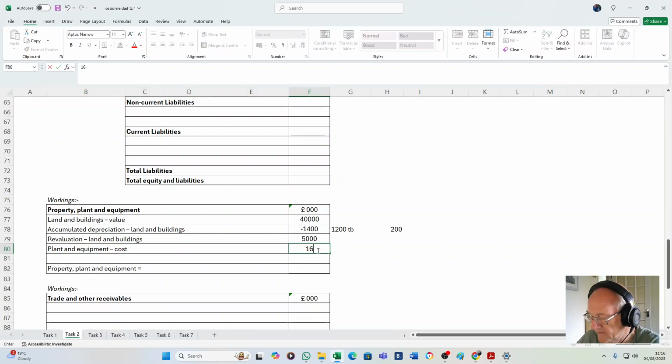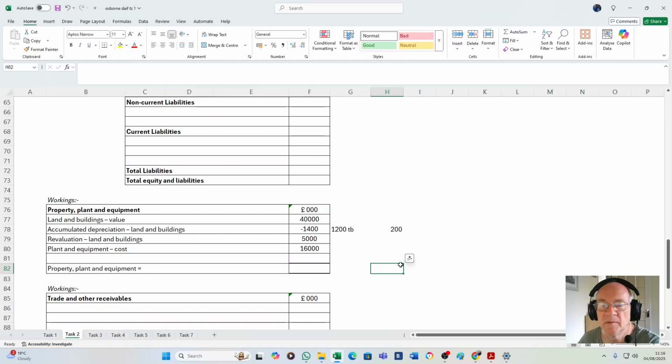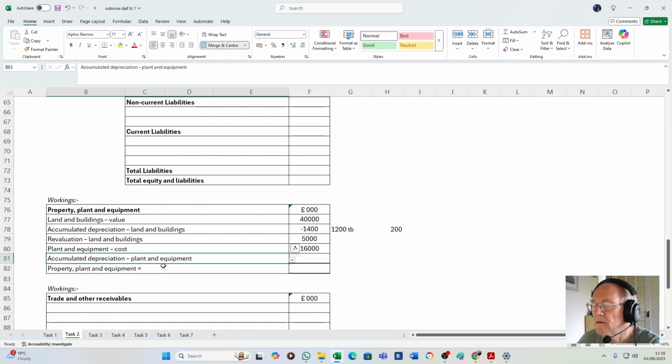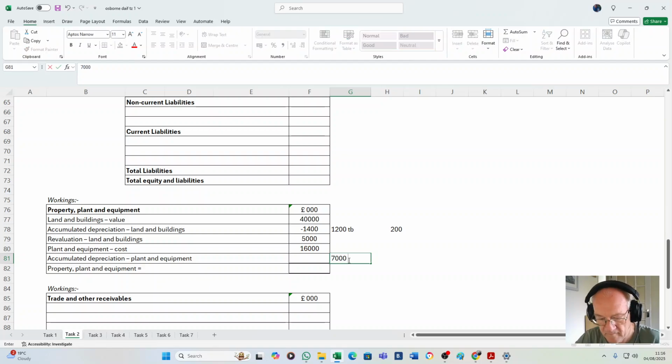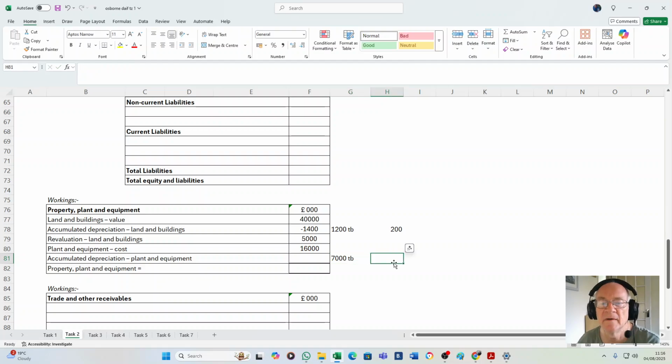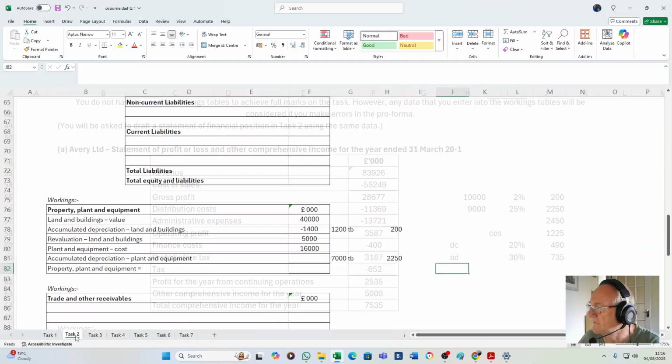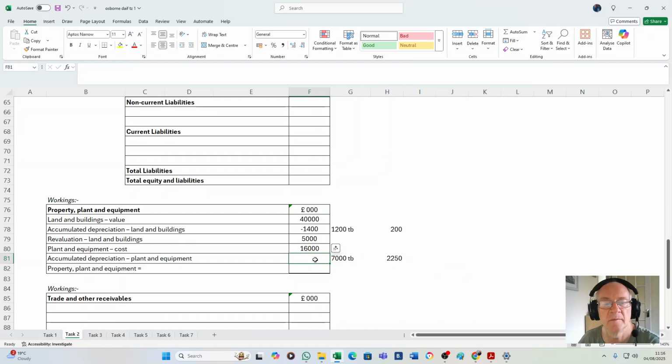So that's the 1200 to balance and the 200 for the year. And then, because we're on land and buildings first, doesn't actually matter if you didn't quite get it in this order. Of course, they've gone up by 5 million because it's in thousands. Then we've got our plant and equipment cost, straight off the trial balance. And then we need to put in our accumulated depreciation. And we've got our trial balance figure, and we've got the 250 that we worked out. So that will be minus 9250.